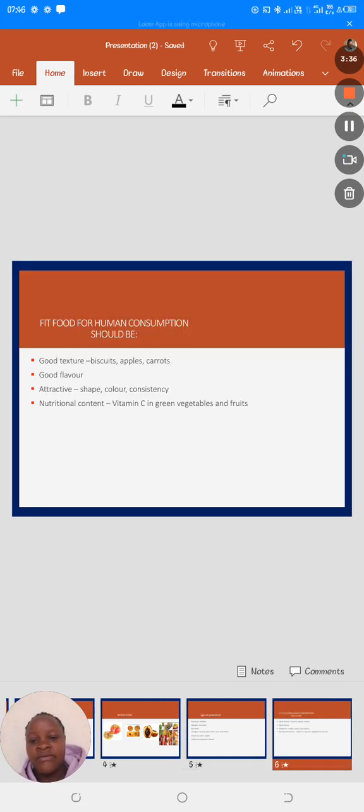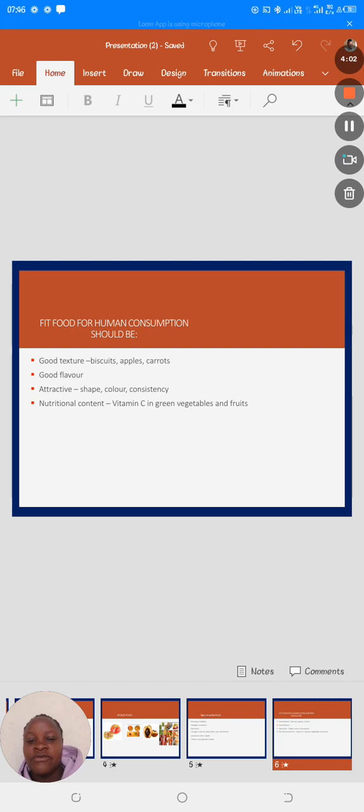We have fit food for human consumption. How is it supposed to be? The food that is fit for human consumption is of good texture. For example, biscuits, apples, and carrots should be crunchy. And then its flavor should be good. It should have its natural taste, the way it is supposed to taste, okay?